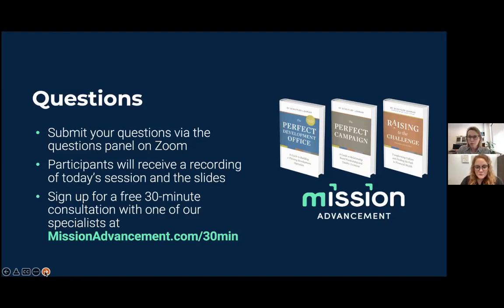Yeah, well, there's three on my screen. Just kidding. No, we do have three books that are available. The Perfect Development Office is really about growing a development operational fund on a lot of levels. The Perfect Campaign is about that extraordinary funding model and what that looks like. And Raising to the Challenge is a book that's told in a fable format and would be applicable, especially to the schools listening, because there's a lot in there about how schools do the philanthropy thing with tuition.